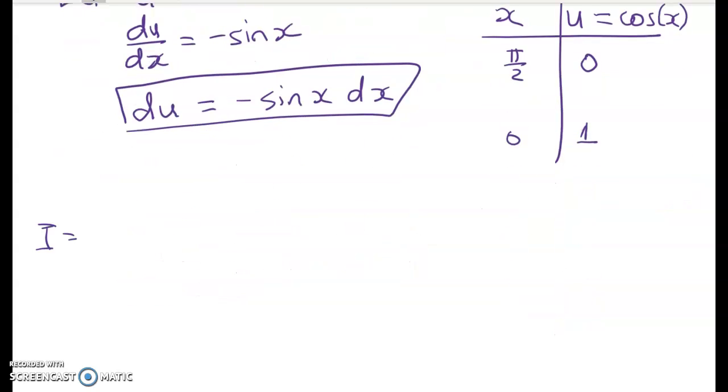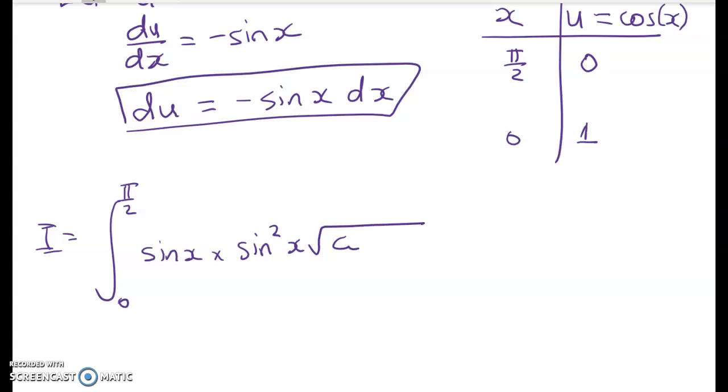So this is what we've got now, just leaving it in x form to start with. We've got sine x times sine squared x times root cos x dx. So this bit here that I'm underlining is going to be negative du, and this bit is root u.